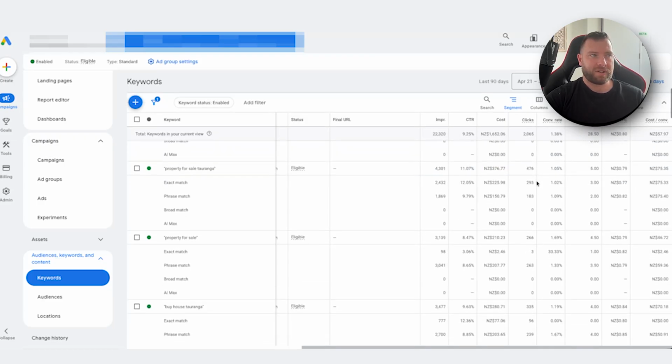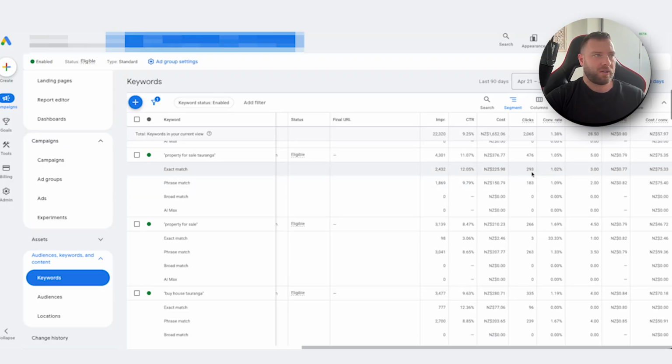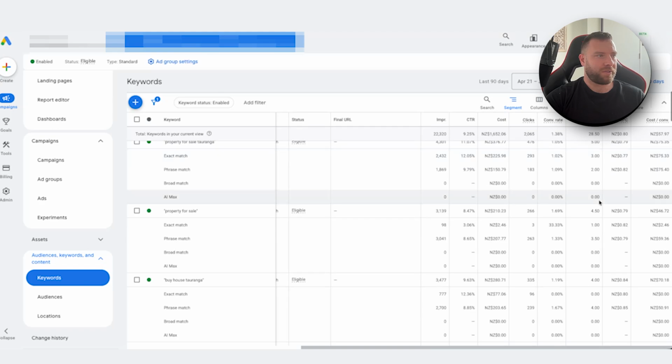If we keep coming down, we'll see this keyword here, property for sale Tauranga, that's generated 5 conversions overall at $75 per conversion. 3 of them are at the phrase and 2 of them at the exact, at essentially the same rate. Whereas you then go down and you see things like property for sale, where the exact version has cost $2 and the phrase has cost $60.